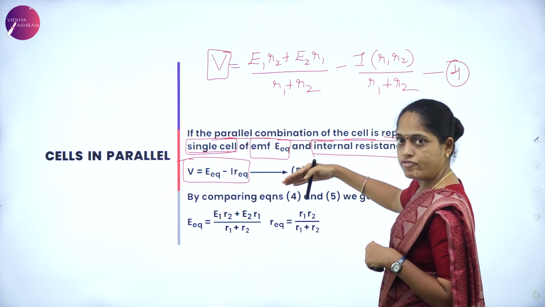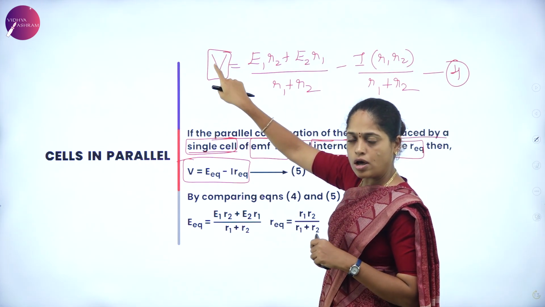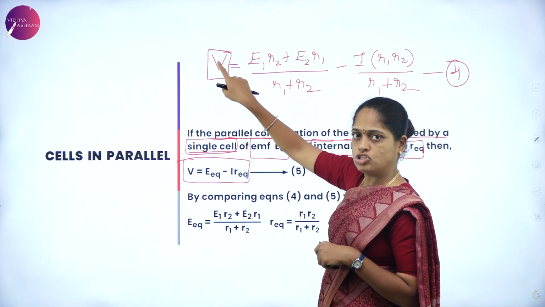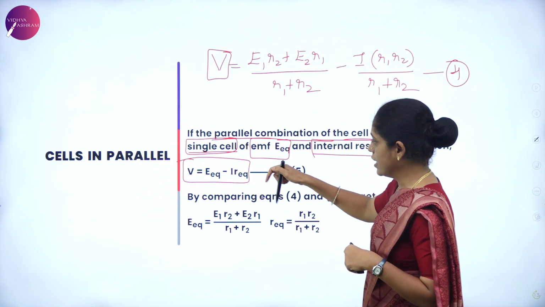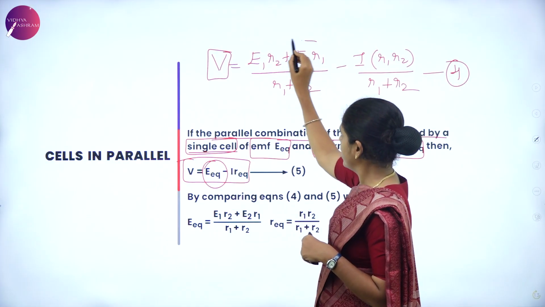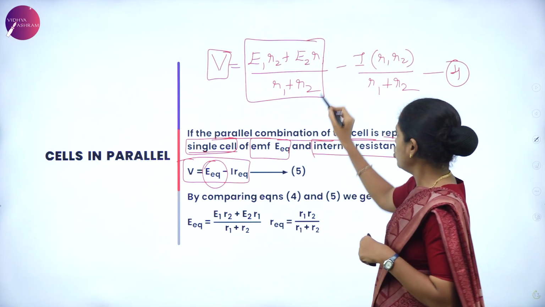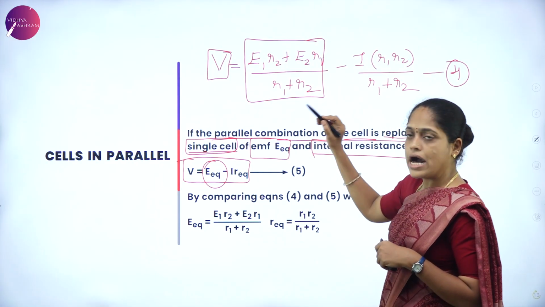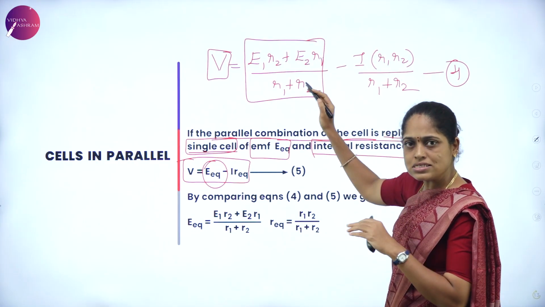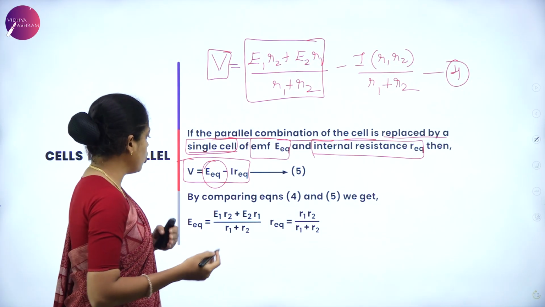Now compare. For the comparison, we need the equation in terms of terminal potential difference. Now comparing this, in the place of E equivalent, what I have is (E1 R2 plus E2 R1) by (R1 plus R2). This is the expression for the equivalent EMF in parallel combination.